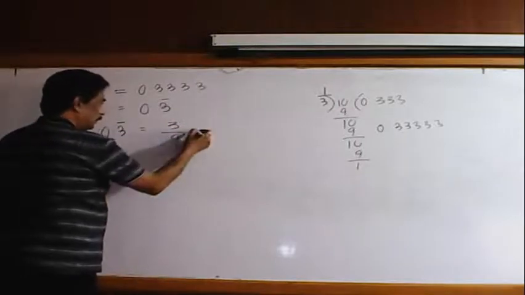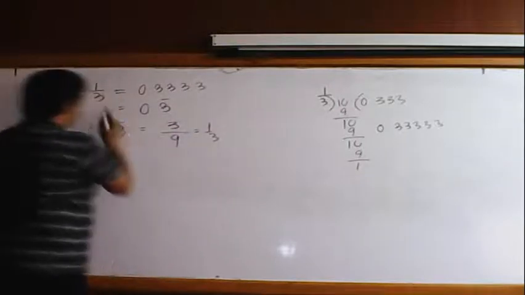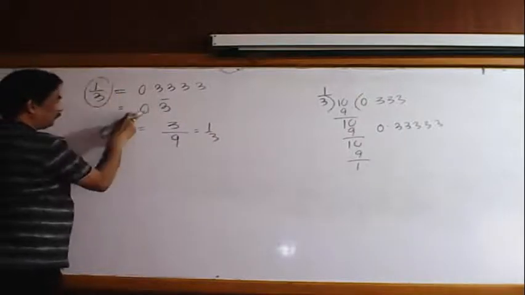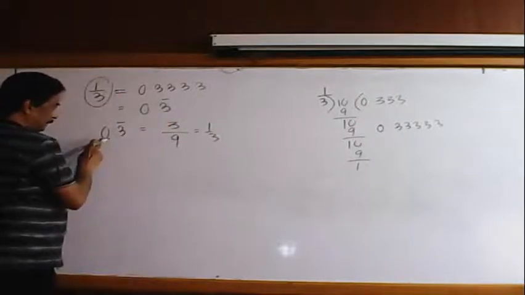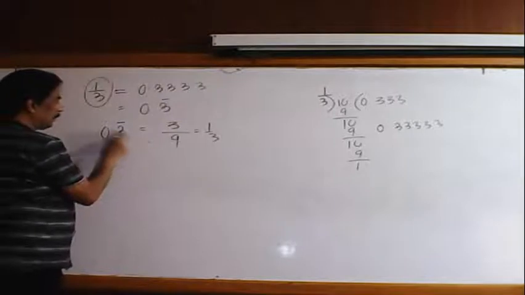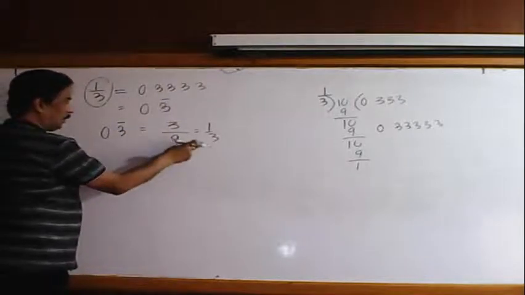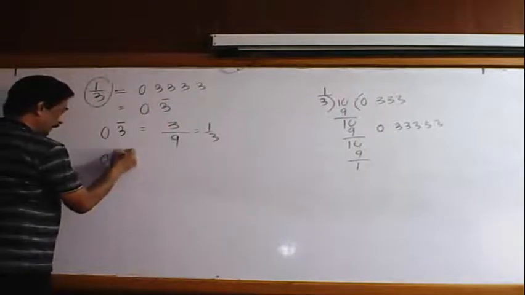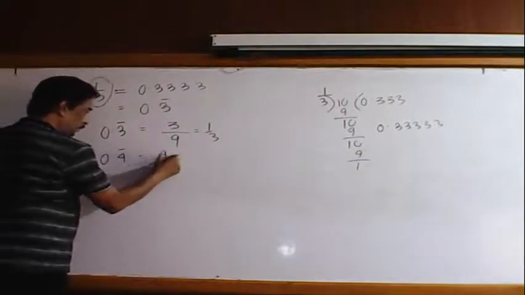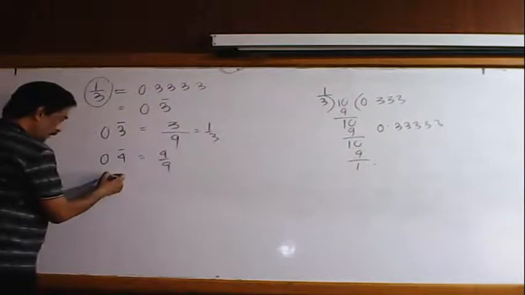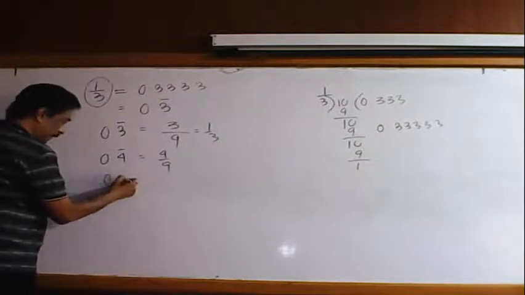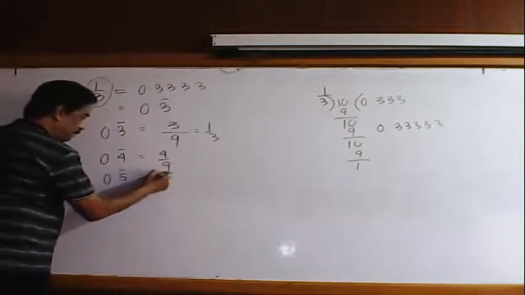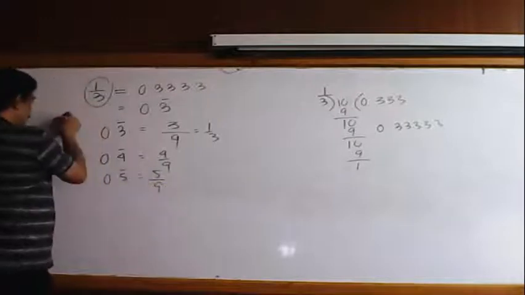First 1 by 3 converts to 0.3 recurring, then 0.3 recurring converts to 3 by 9 equal to 1 by 3. If I say 0.4 recurring, it means 4 by 9. 0.5 recurring, I can write 5 by 9.